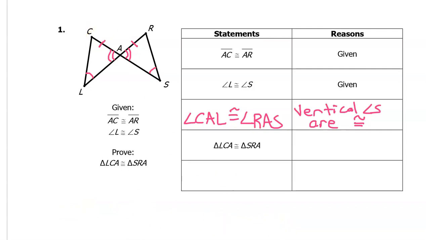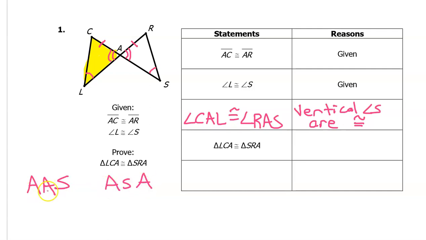So what do we have? As I look at this picture, I see that we have two angles and a side. So I'm just looking at one triangle at a time when I say that. So looking at this yellow triangle, I see that we have two angles and a side. So that means this is either going to be angle, angle, side, or it could be angle, side, angle.